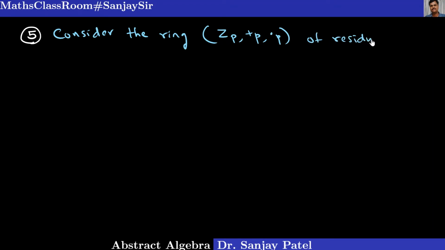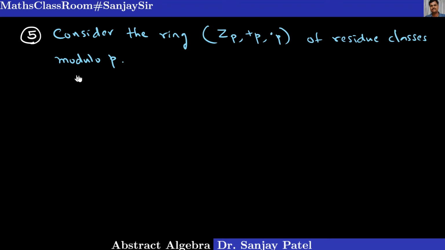Consider the ring (Zp, +p, ·p) of residue classes modulo p. We know that Zp is a commutative ring with unity.